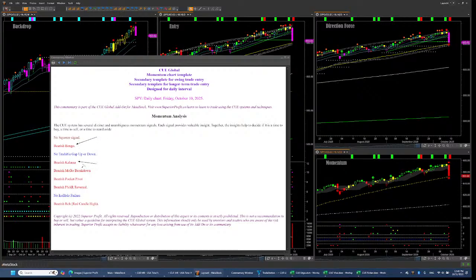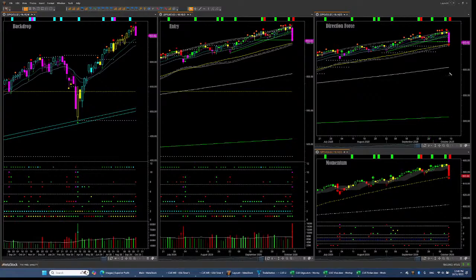Bongo, Kahuna, Mobo breakdown, pocket pivot, PSA reversal, red candle high. Total 12 of them together. We have not seen such weakness almost like for as long as one can remember.